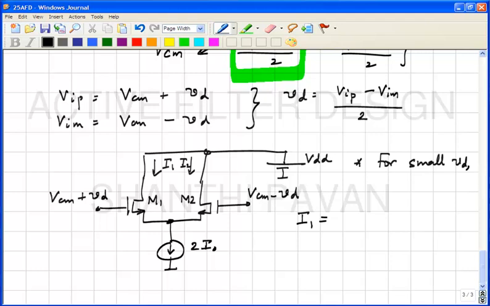So I1 must be equal to I0 plus Gm times Vd, and I2 must be I0 minus Gm times Vd. Is this clear?